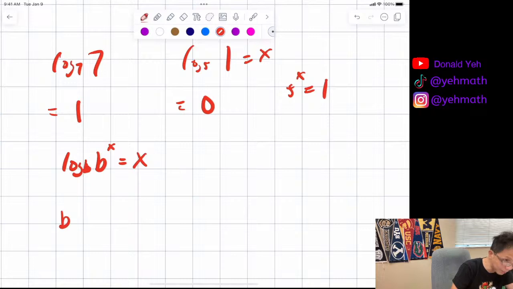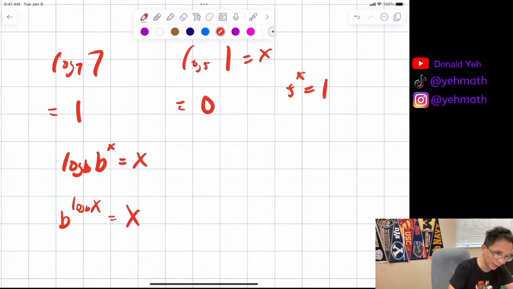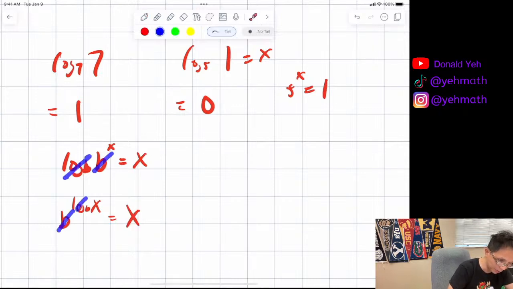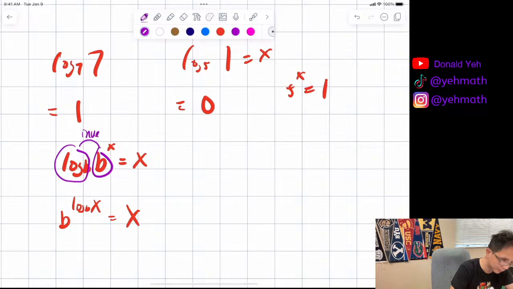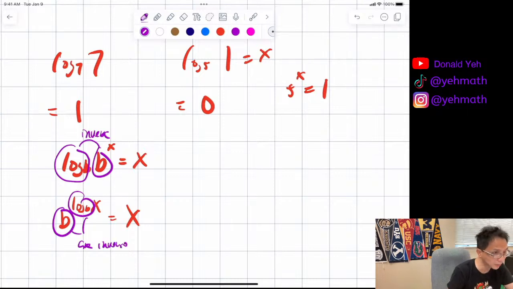And the other one, b to the log base b of x, that's always equal to x. Why? Because those two cancel out. They are inverse to each other. So this and this are inverse, and this and this are inverse, so they cancel out, just equal to x.